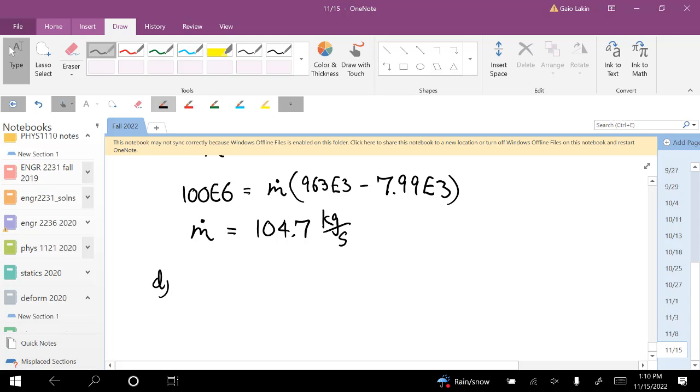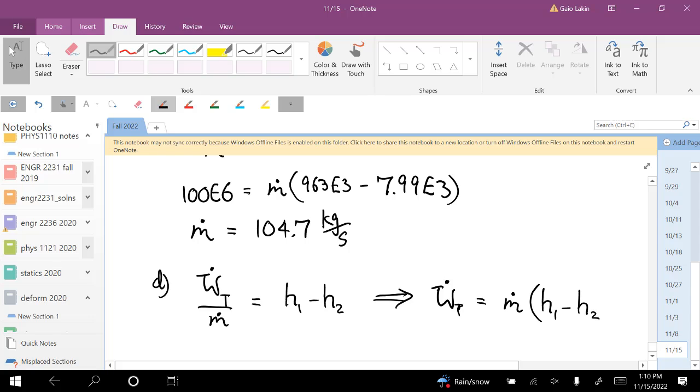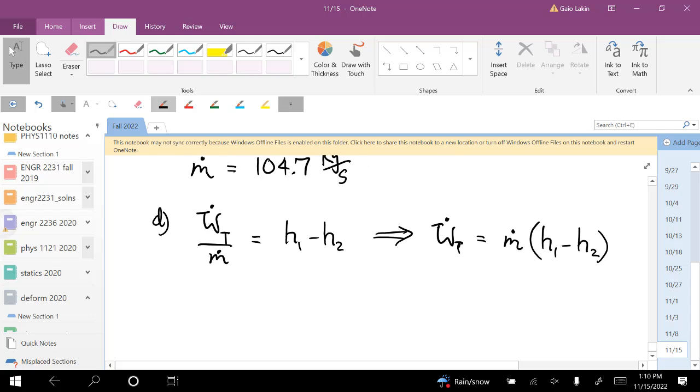So we know that W dot at the turbine divided by m dot is equal to H1 minus H2, and so W dot at the turbine is equal to the mass flow rate times the quantity H1 minus H2. We know all those things.